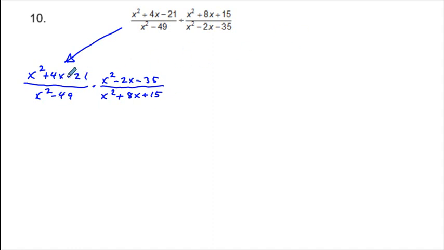So let's go ahead and rewrite everything we can. I'm going to have to work this to the right. x squared plus 4x minus 21 factors into x plus something, x minus something, so we need numbers that multiply together to be 21 but are 4 apart.